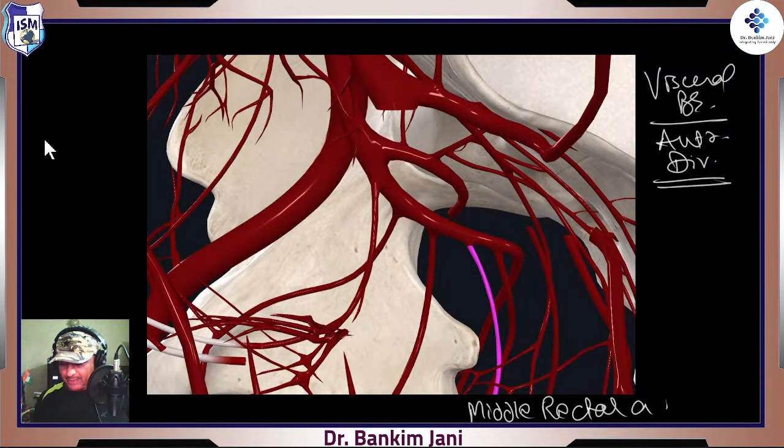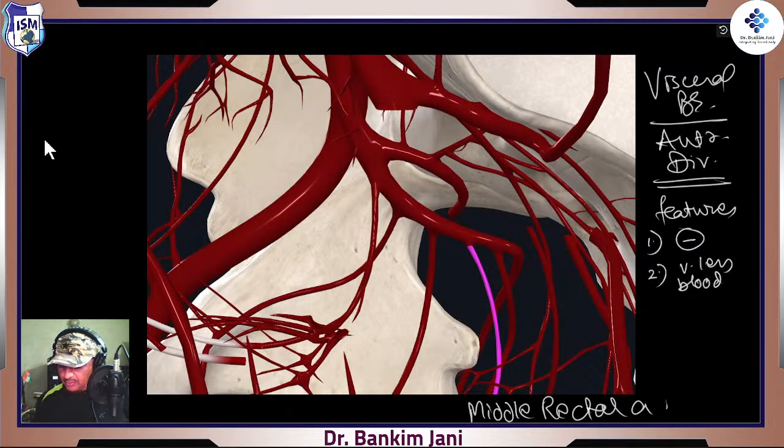Some important features: one, it might be absent. For the namesake only, it is a rectal artery. Otherwise, it supplies very little blood to the rectum, because maximum blood is supplied by the superior rectal.